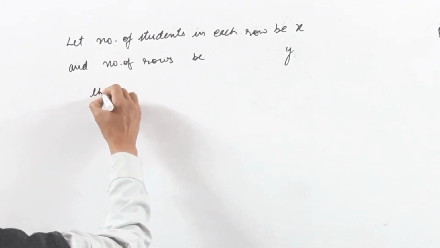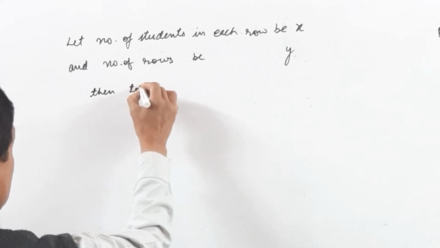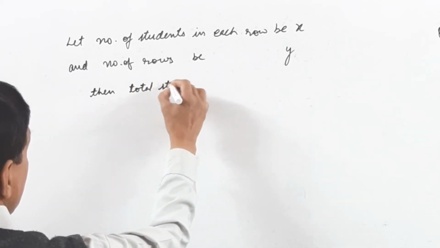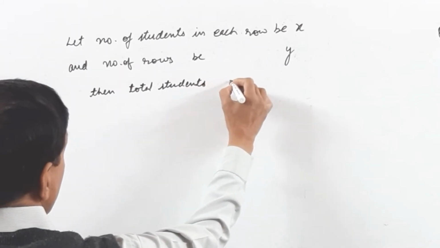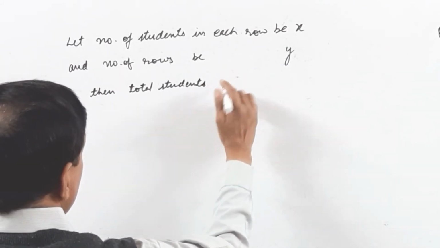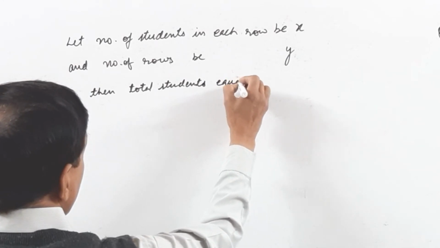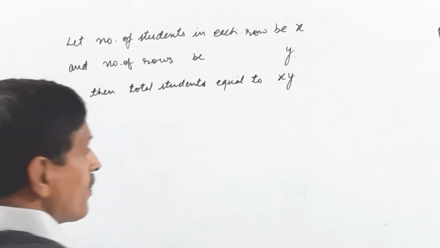Then total students will be equal to x into y.